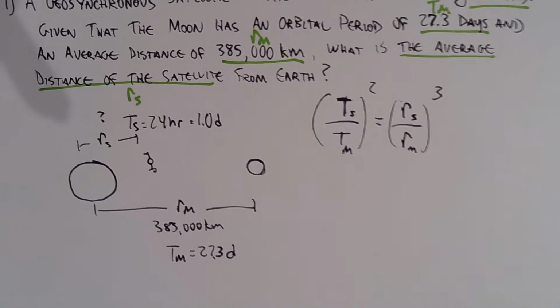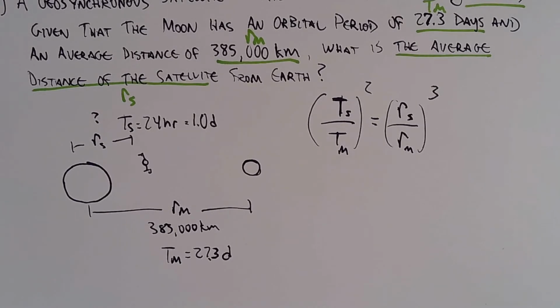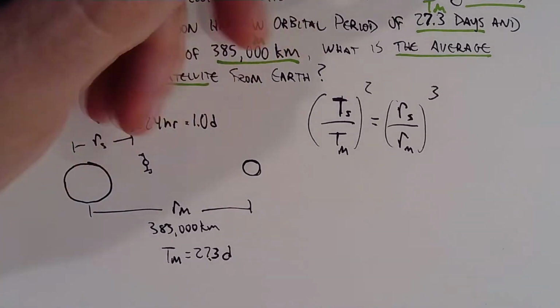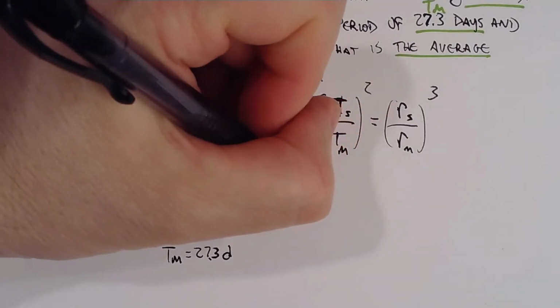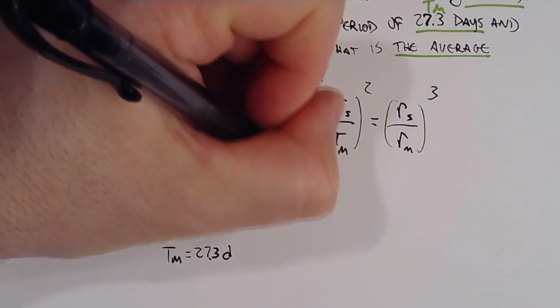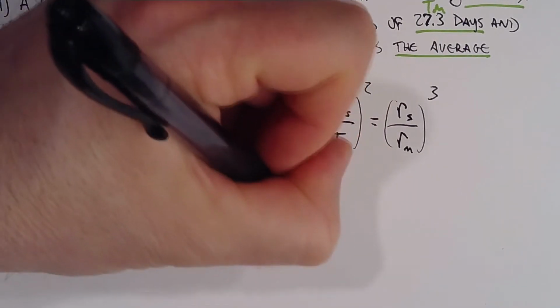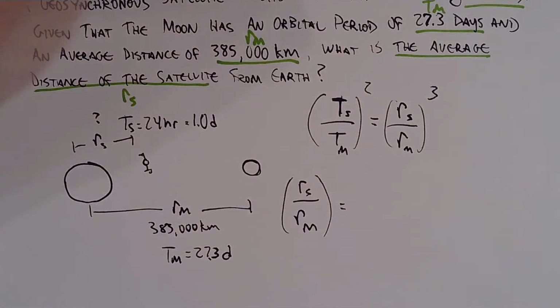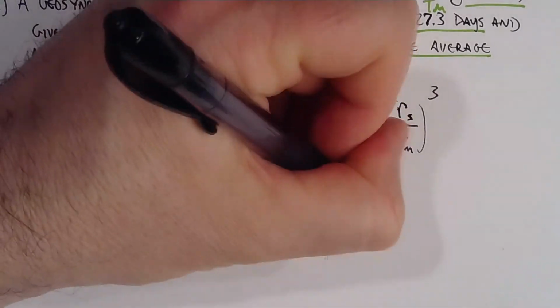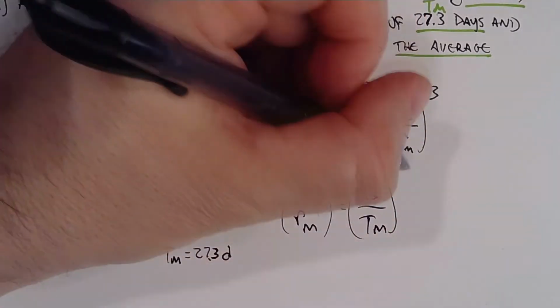Now, I always like to manipulate for the unknown before we move in. And when we're doing this, we are looking for RS. So we want to get RS by itself. That being done, I'm going to rewrite this just so our unknown is on the right side of the formula. I always prefer to do that. And then this is TS and TM squared.